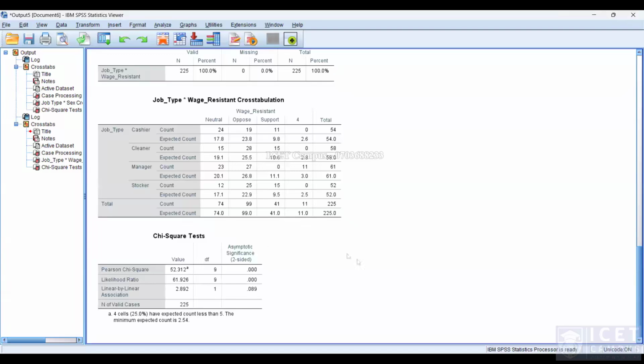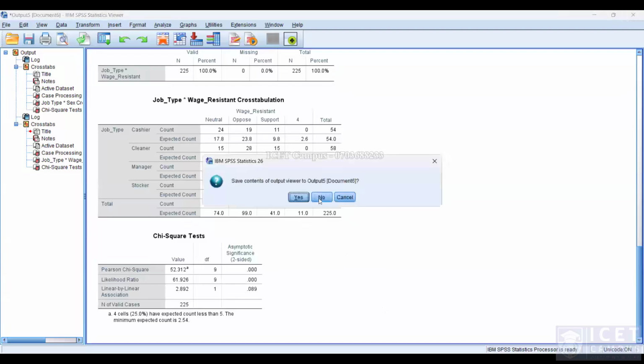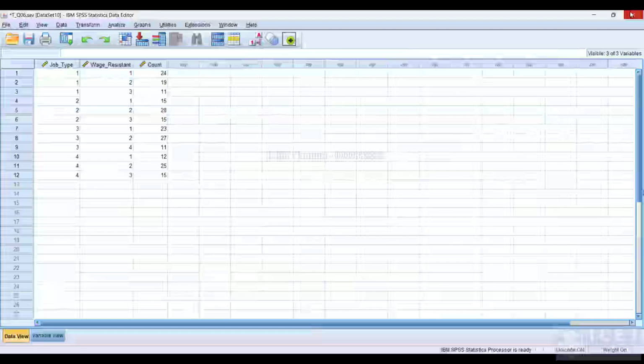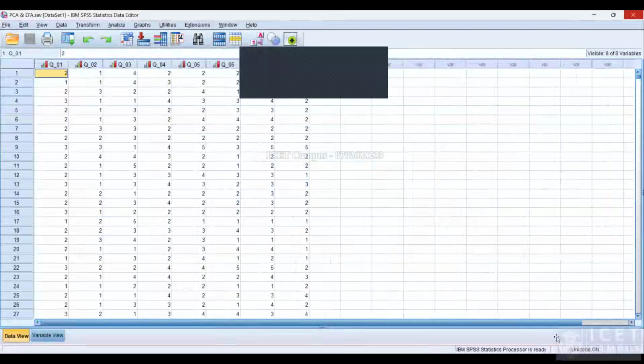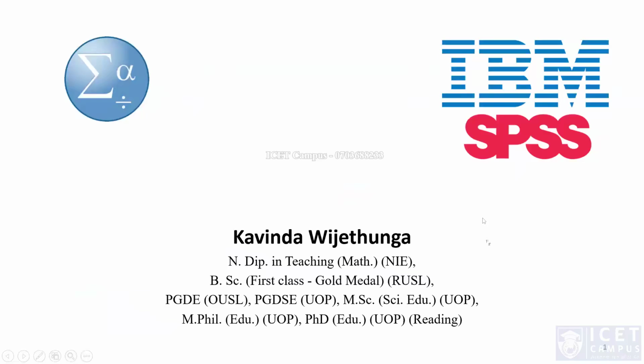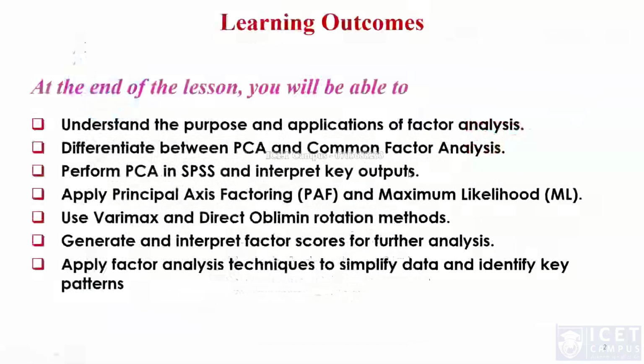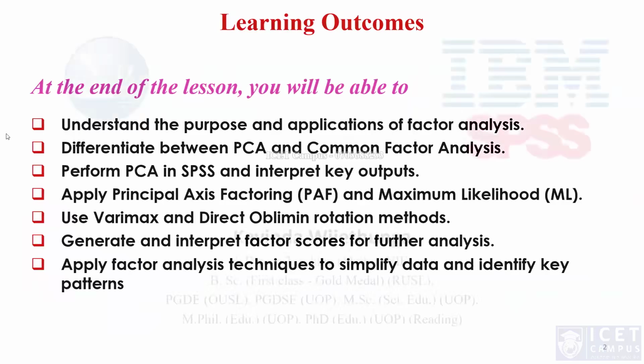Right. I can move to the next part. Right.